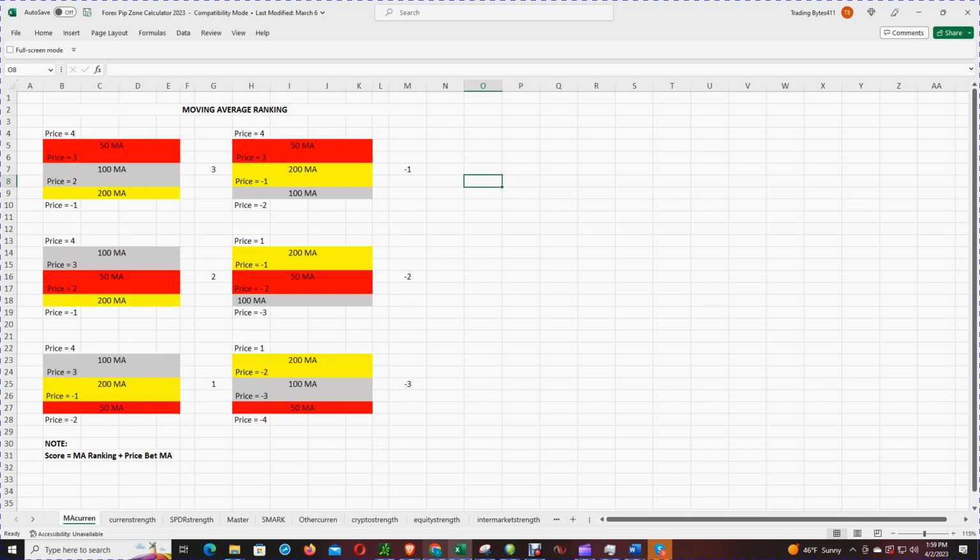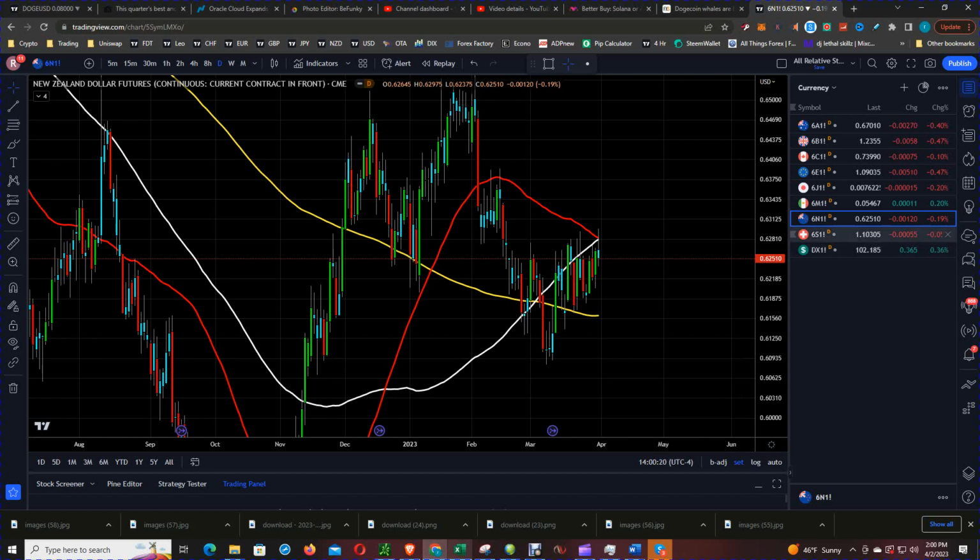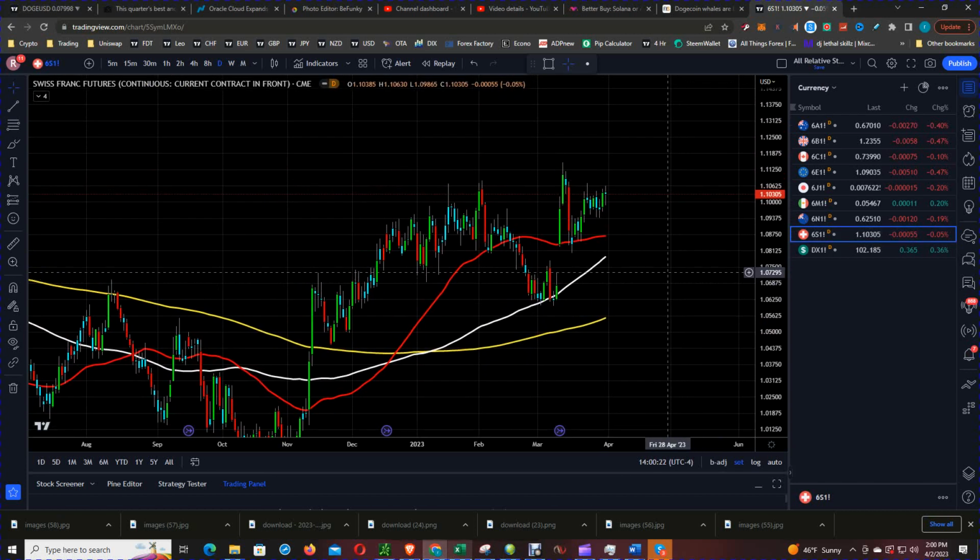So we give that a 2 plus 3, so that's 5. Okay, last on the list, the Swiss franc. So price is above the 50, 100, and 200, so that's a 7.